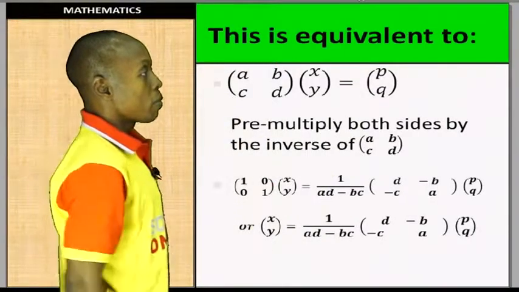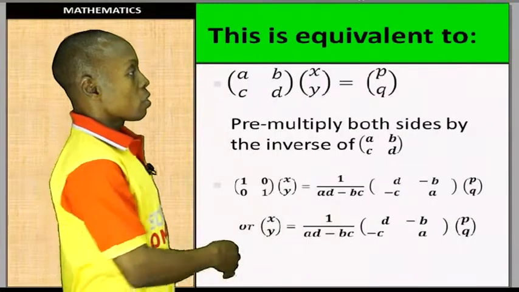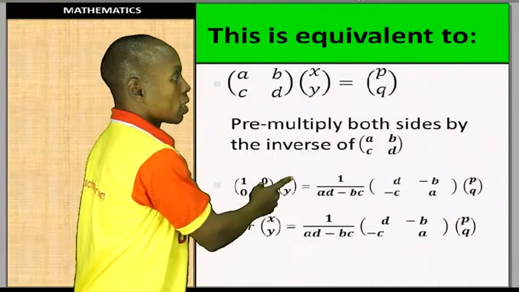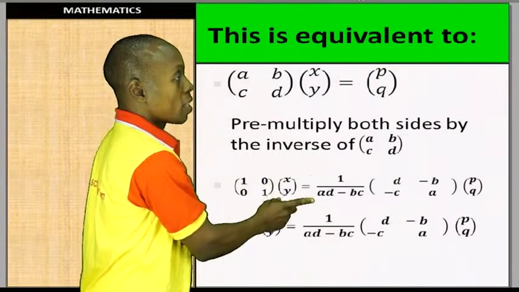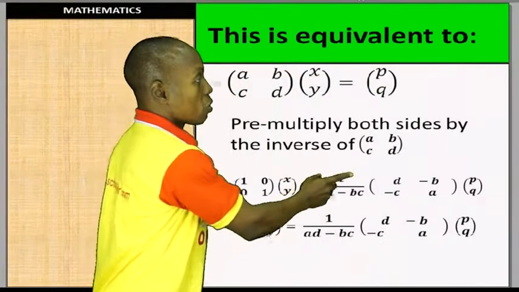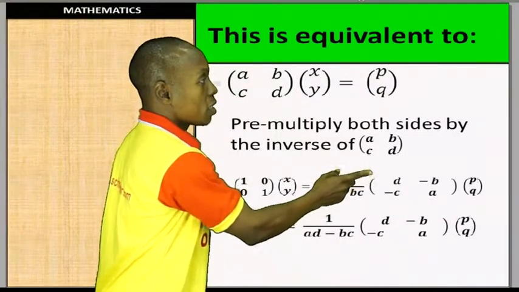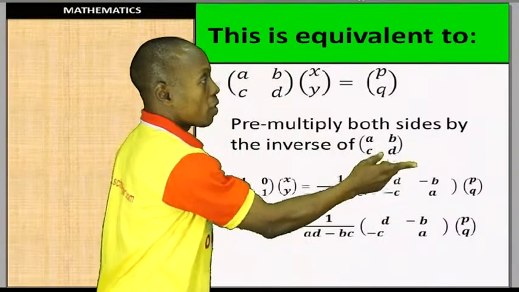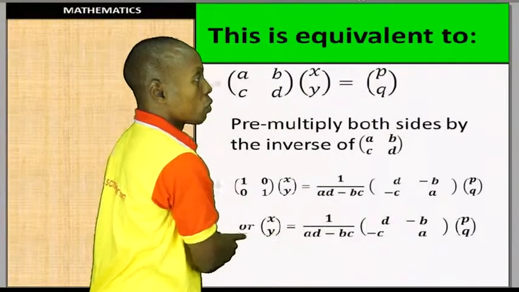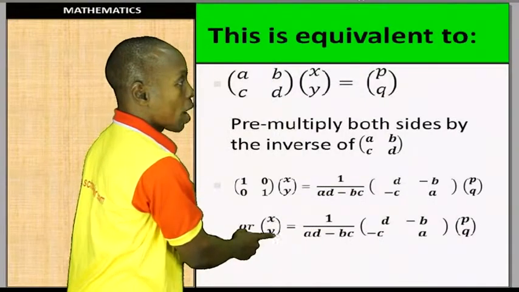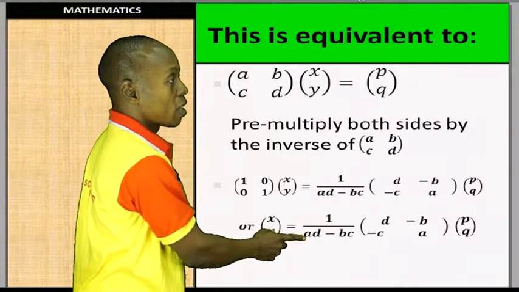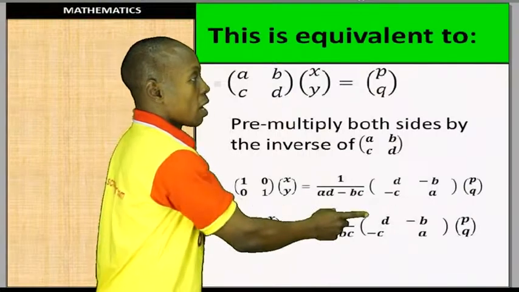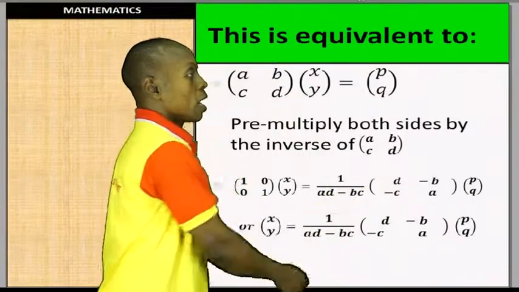So you pre-multiply both sides by the inverse of the matrix a, b, c, d, which gives the identity matrix 1, 0, 0, 1. Then x, y equals 1 over the determinant of that matrix, multiplied by the inverse of the matrix, which is d, minus b, minus c, a, multiplied by the result after the equal sign, p and q.